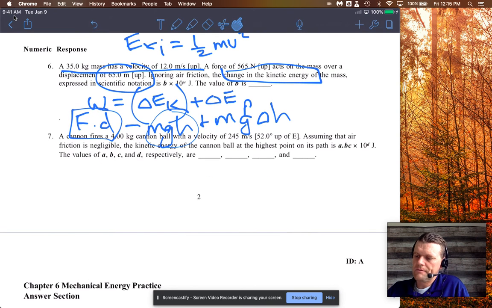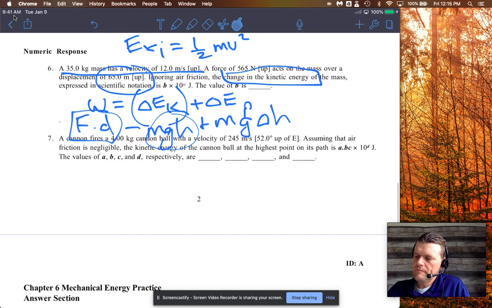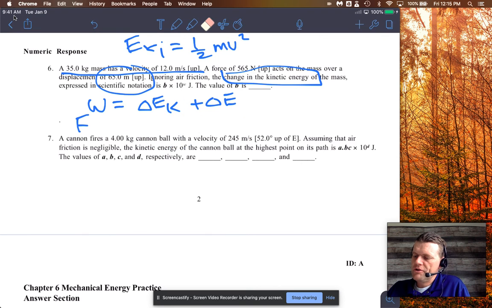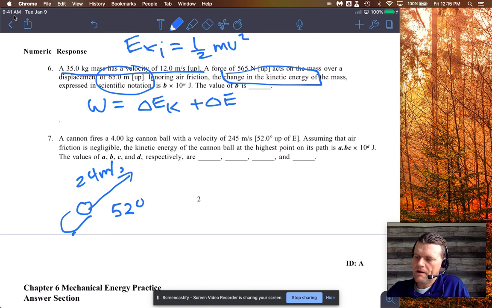Now this last one. If we shoot a cannonball at 245 meters per second at 52 degrees, the cannonball will follow a parabolic path because it's a projectile.